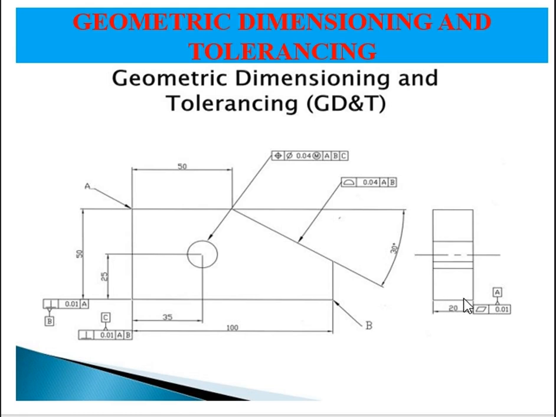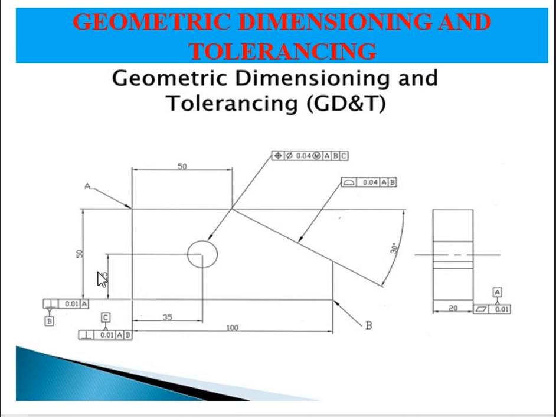But while machining, I can give a tolerance on the flatness with the value of 0.01 with datum A, which is a primary reference. Similarly, this symbol is talking about the perpendicularity of this surface.